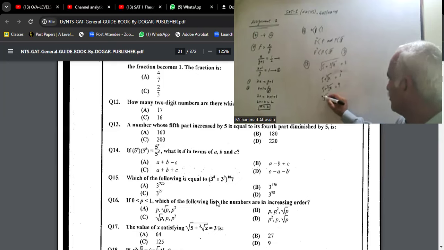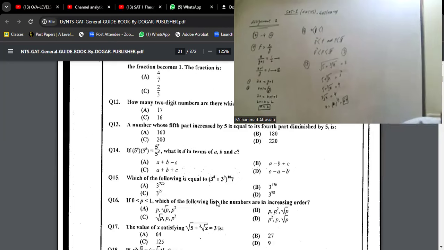Our cubic root of x is equal to 9 minus 5, which is 4. So x is equal to 4 power 3, because it's the cubic root. That is equal to 64. So the answer is A.